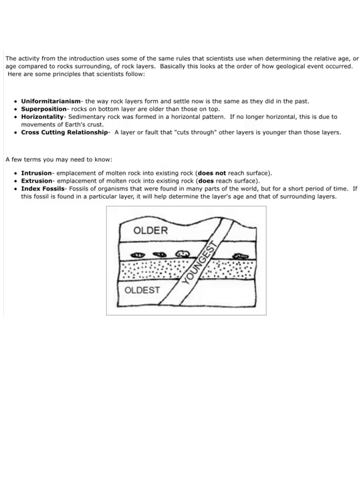Alright, so here are some actual problems. Reviewing the vocabulary that you had from your notes, uniformitarianism is the way that the rocks settle, and the way that they do that now is the way that they've always done. Superposition, rocks at the bottom layer are older than the ones on top.